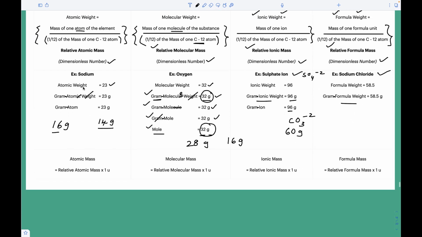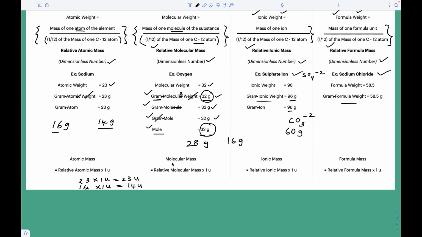So what is the atomic mass of sodium? It is its atomic weight 23 multiplied with 1U, that is 23U. And atomic mass of nitrogen is 14 multiplied with 1U, that is 14U. 14 is the atomic weight of nitrogen.